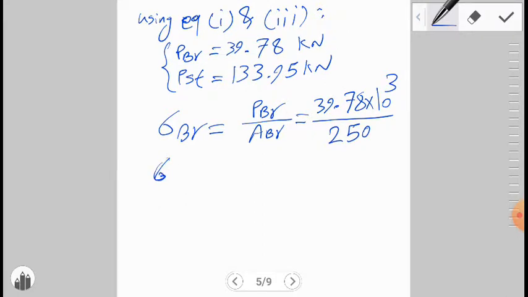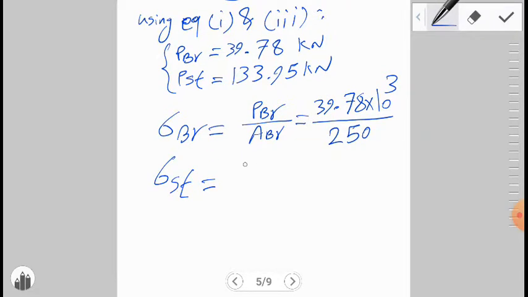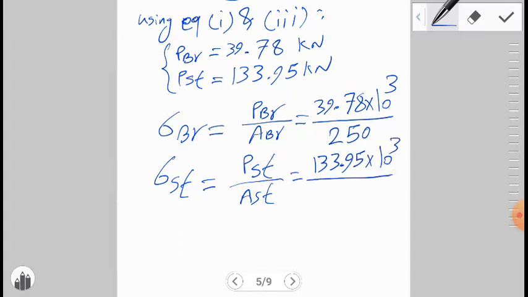Sigma steel is equal to P steel divided by A steel. That's why we can write 100.95 times 1000 divided by A steel, 200.